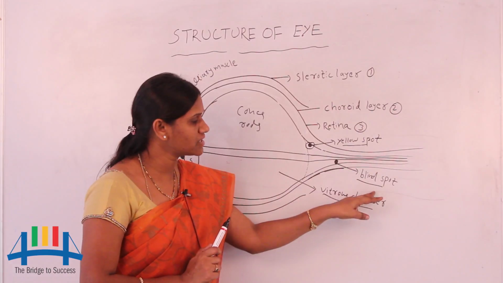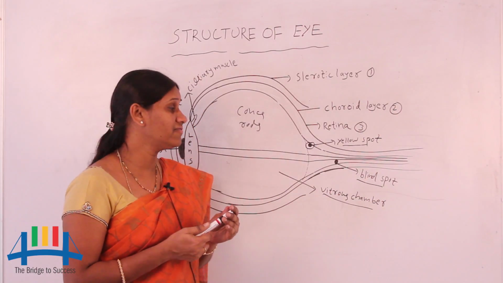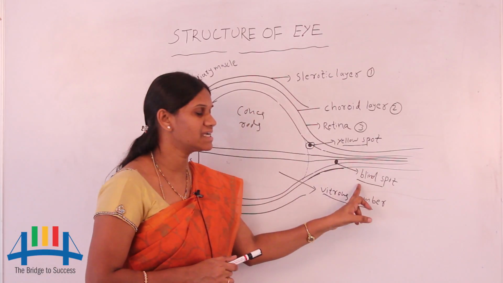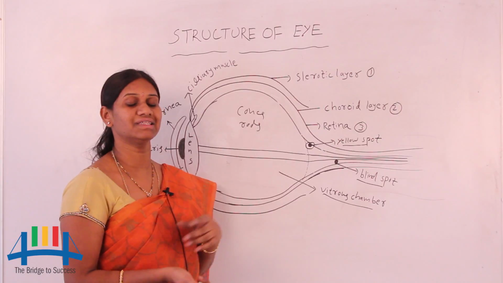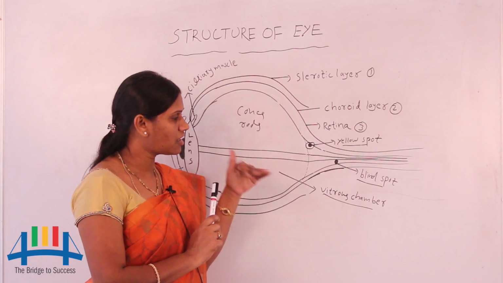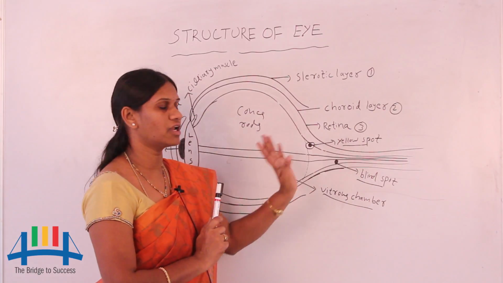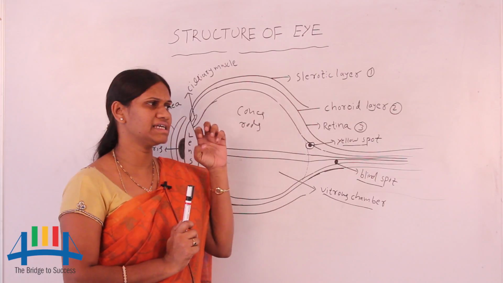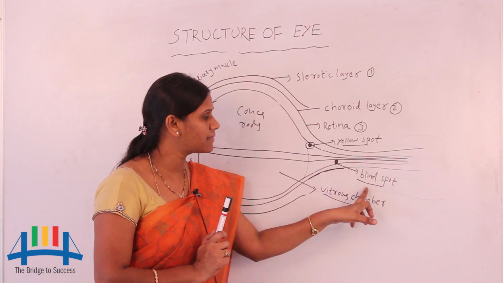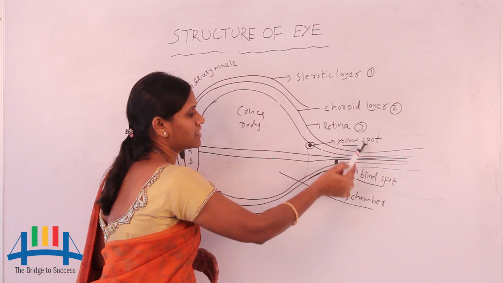One more is the blind spot. It does no work, because both cones and rods are absent in the blind spot. Because of that, it cannot analyze any image or object outside. So the blind spot has the opposite function to the yellow spot. The yellow spot analyzes the image of the object very quickly, but the blind spot never does this work. Both are very important.